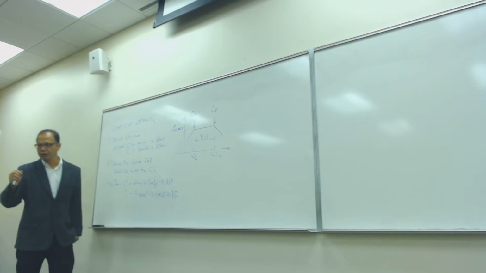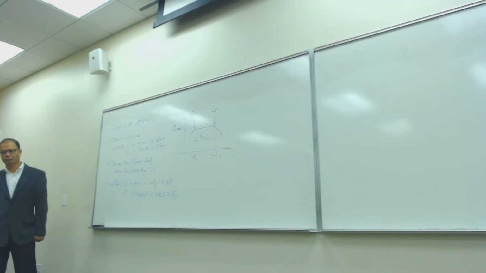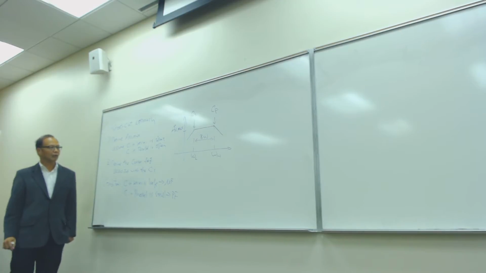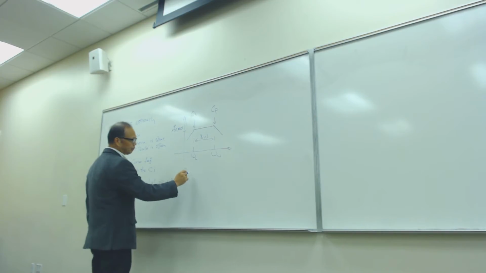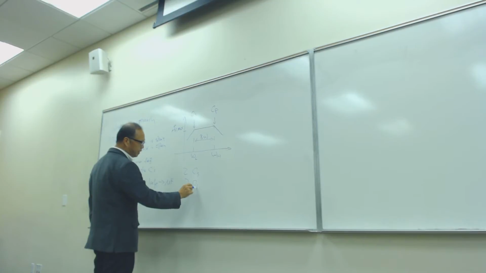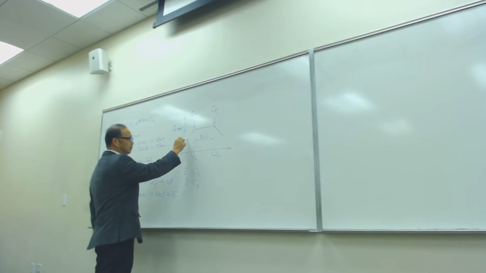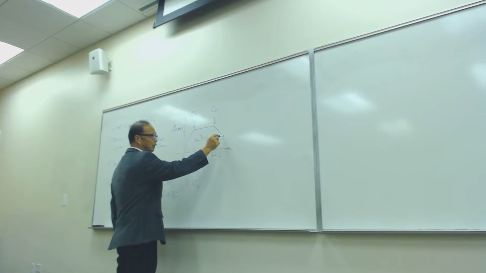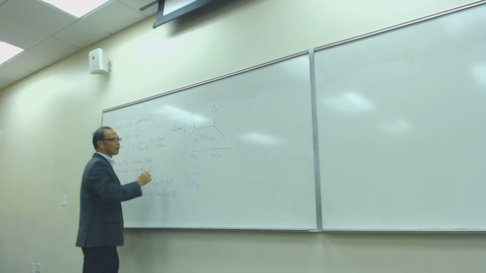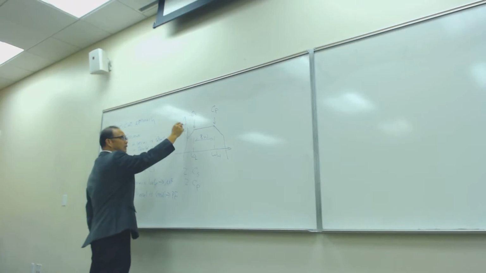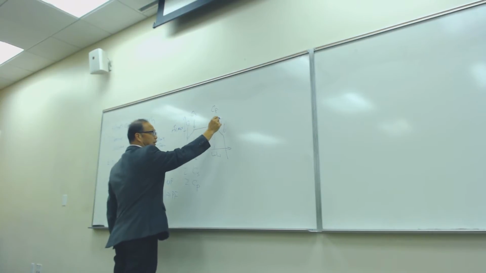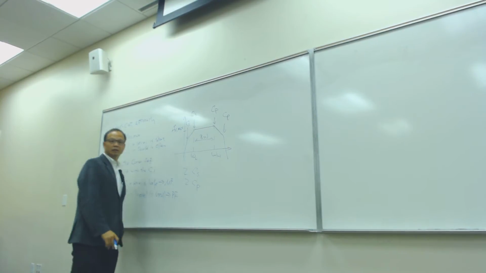Now, if you have more than two capacitors, what do you do? Let's say you have two CS, two CP. Then you would have something like this. So this is the second CS. This is caused by the second CP.